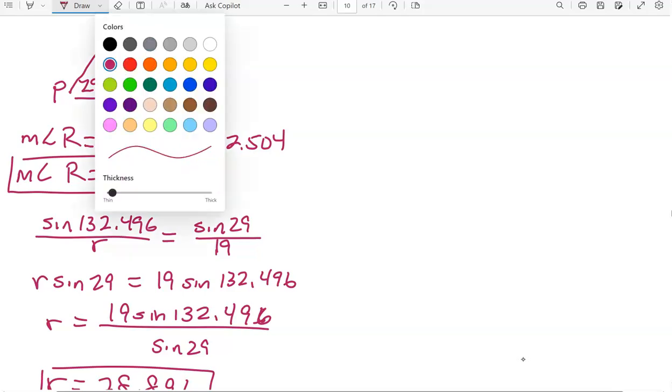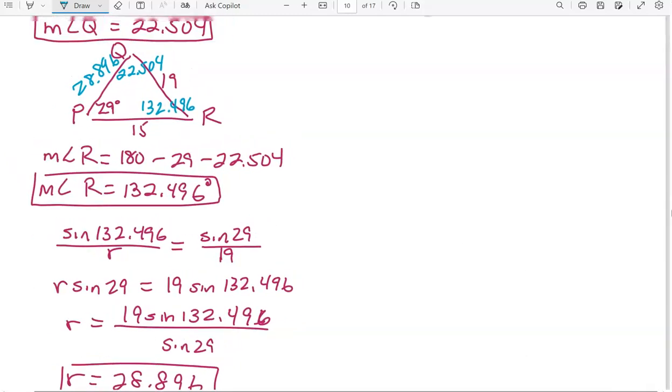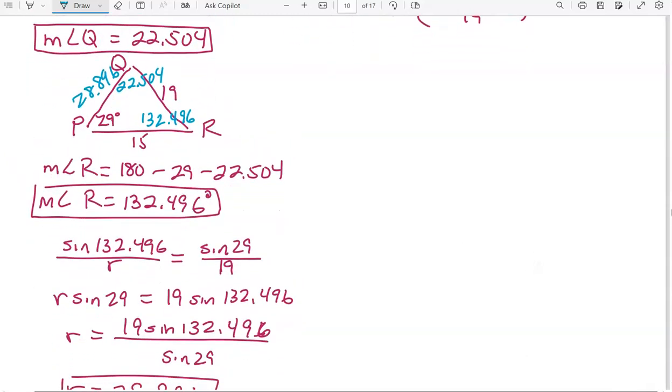I'm going to insert that in our diagram. And then try to make some sense out of it. That is the biggest side in the triangle and its opposite angle R, which is the biggest angle. Our smallest side 15 is opposite the smallest angle 22.504. So first solution done. Makes sense in terms of small sides being opposite small angles.